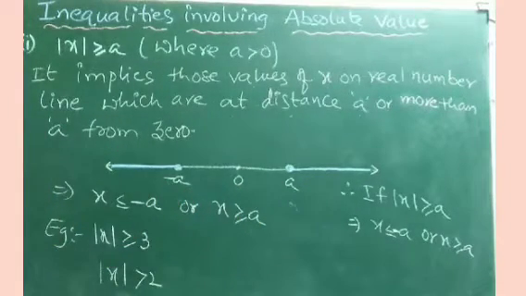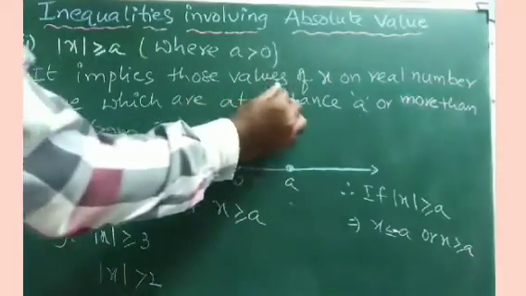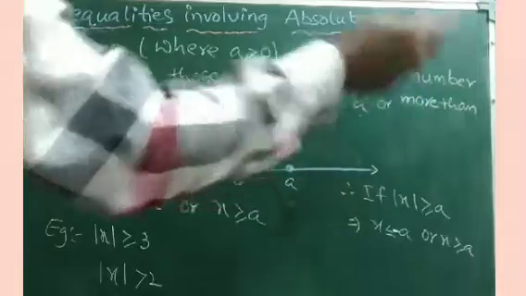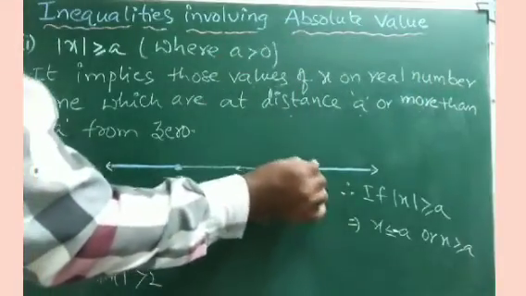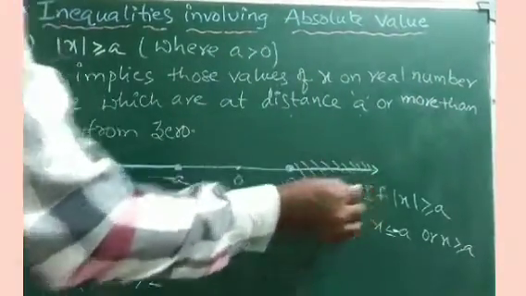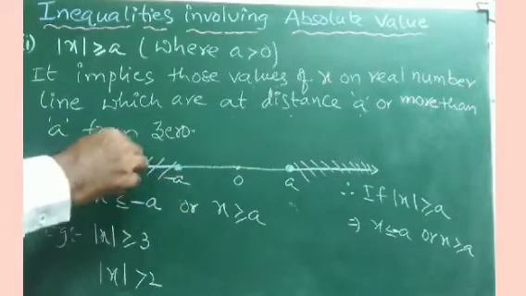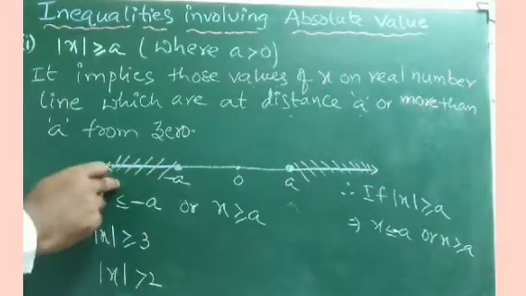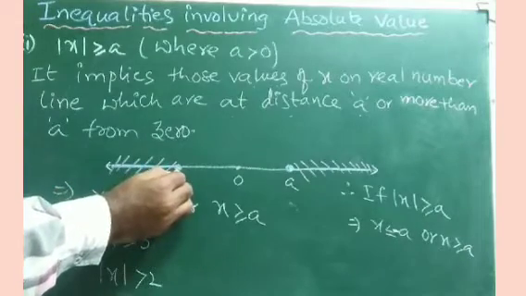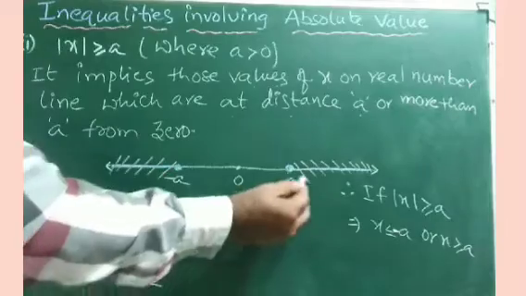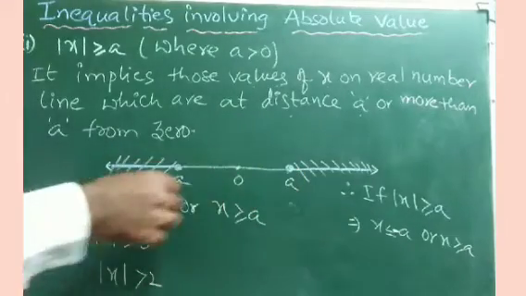Now what do we require? All the values on the number line which are at a distance of a and more than a. So these are all the values which are more than a, and even these are also, in absolute value, more than a only. And here we include minus a as well as plus a, including these two numbers also.